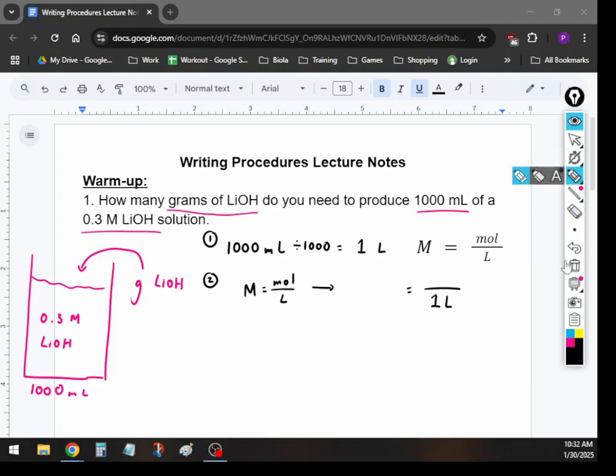All right, the other number that we have in our problem is 0.3 molarity. And so we're going to plug it in for molarity right here. So we're going to plug in 0.3 molarity, which means that what we are looking for in step 2 is moles.